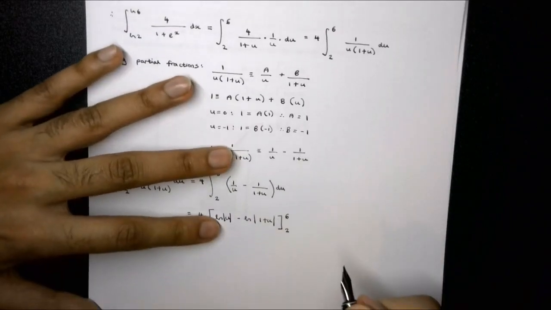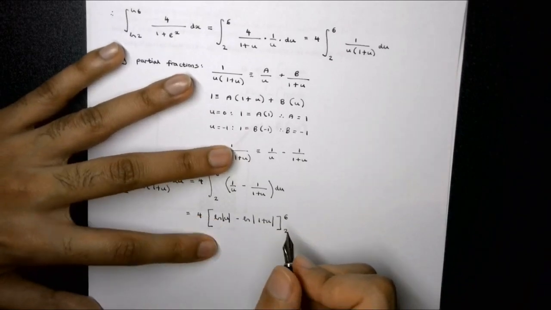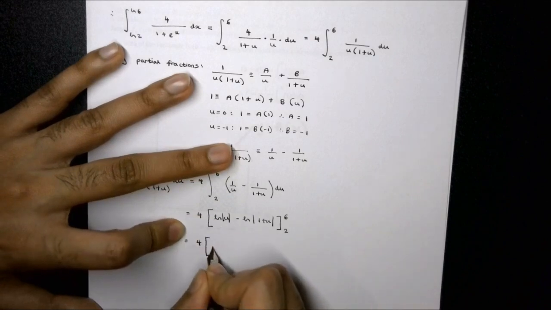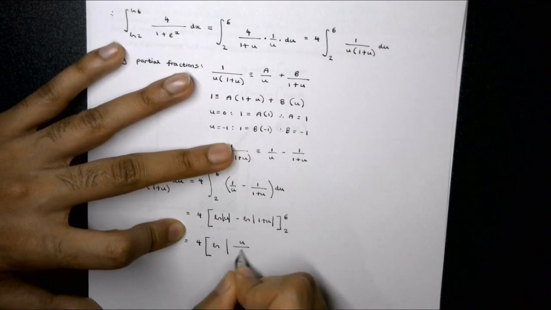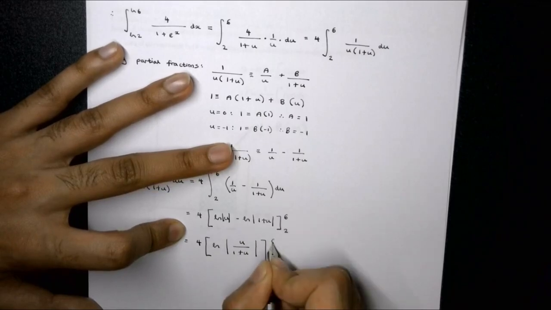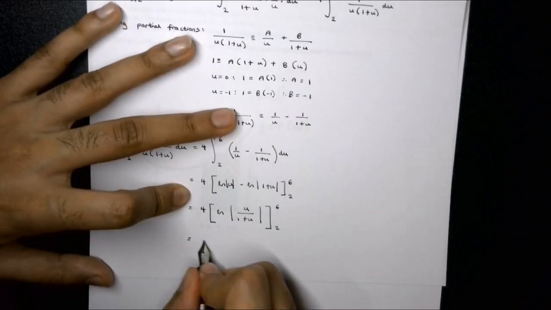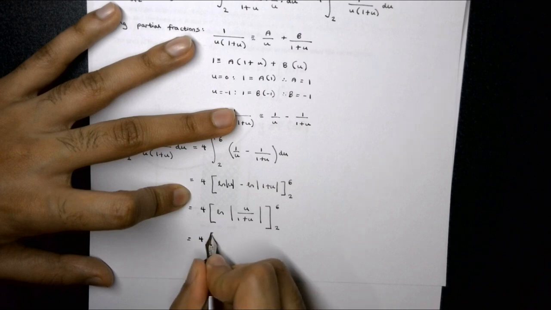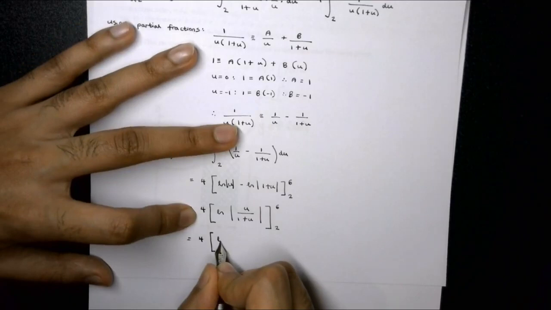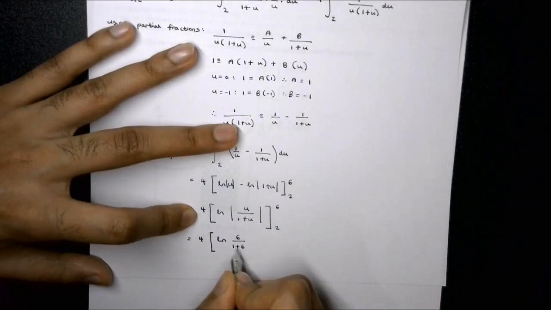And now if we substitute as necessary for our limits, well, what we'll do first is combine these logs. So here we've got the natural log of the mod of u over 1 plus u from 2 to 6. So therefore for our upper limit, we've got 4 lots of natural log of 6 over 1 plus 6.